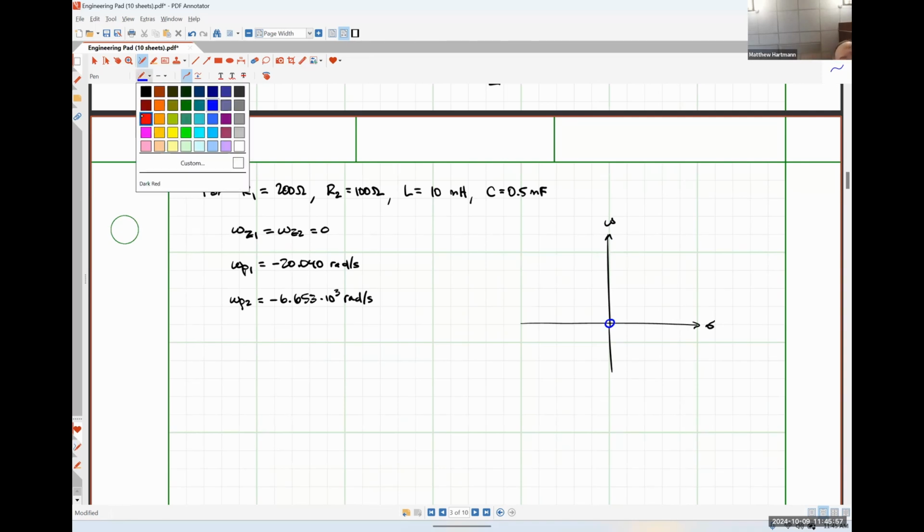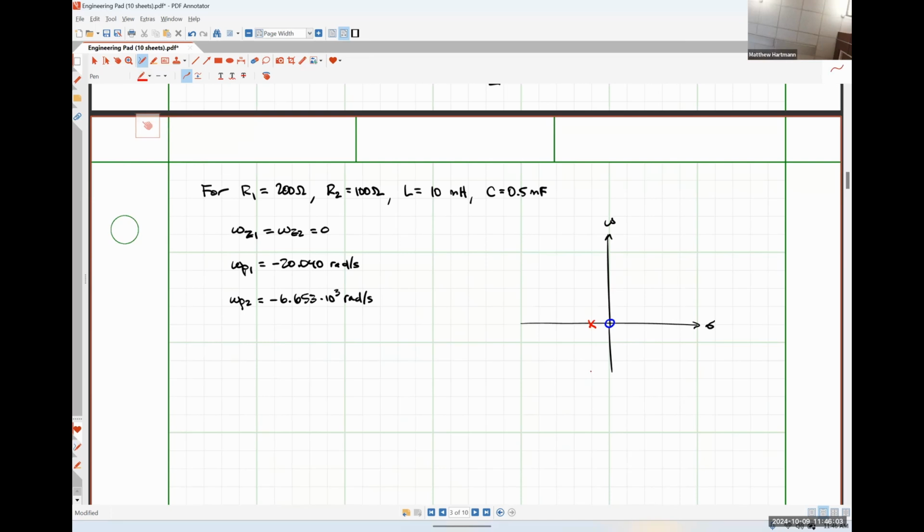And then we would have a pole here corresponding to negative 20.040 radians per second, and another pole out here at negative 6.653 times 10 to the 3 radians per second. Since all of our poles occur in the left-hand plane, this system is stable.